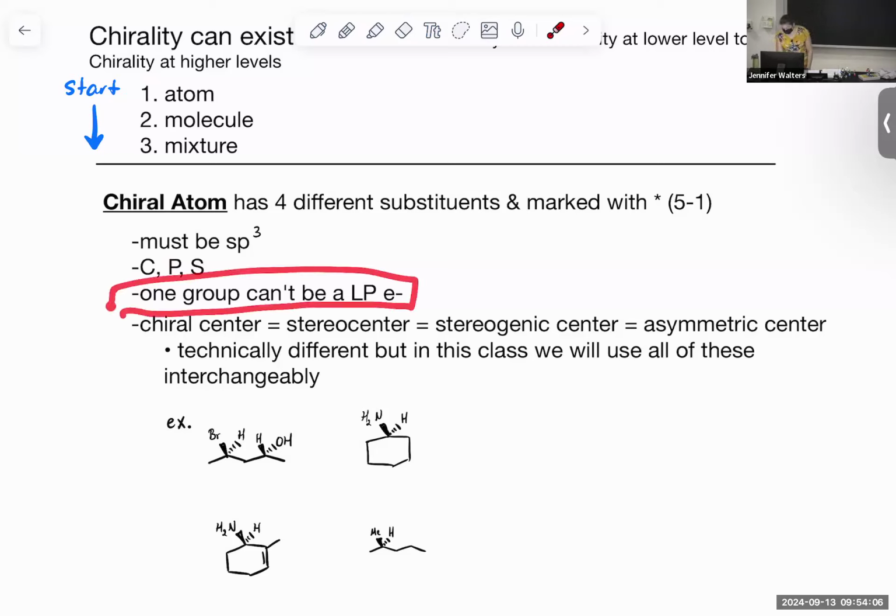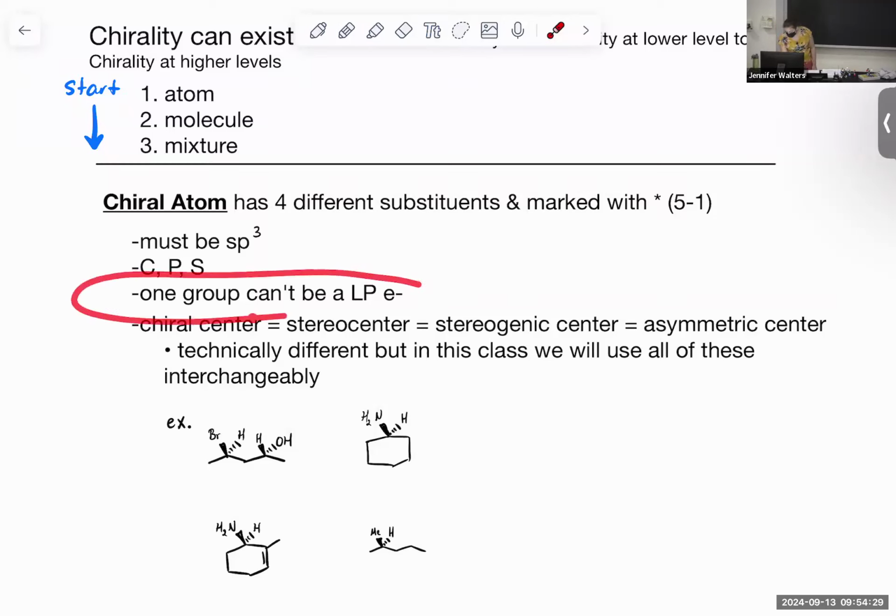One group can't be a lone pair of electrons. So nitrogen is not going to be able to have that chirality because it has the lone pair. If you make it really, really cold, then you theoretically can exhibit some chirality, because now you're starting to restrict the movement of the molecule, and now you can get the 4 regions to start to have chirality.